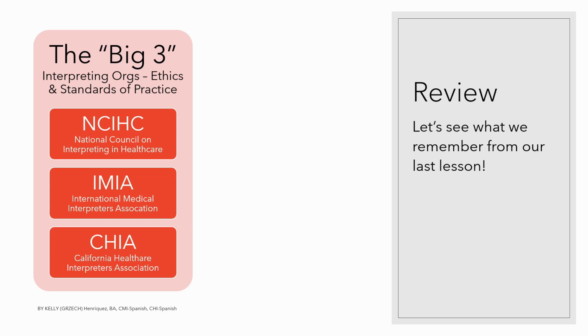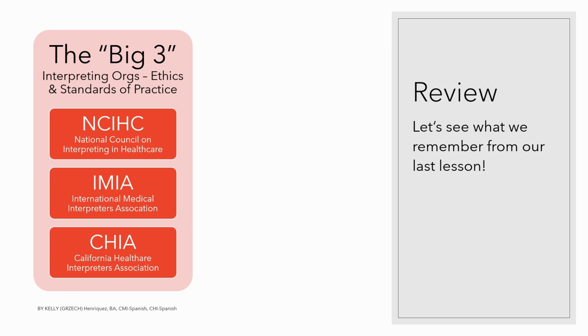And even though the CHIA standards, which contain their codes of ethics, their ethical principles for healthcare interpreters, and their standards of practice, which is basically the performance measures that are listed under the ethical principles in CHIA, are from California, we still consider them as one of the national standards.